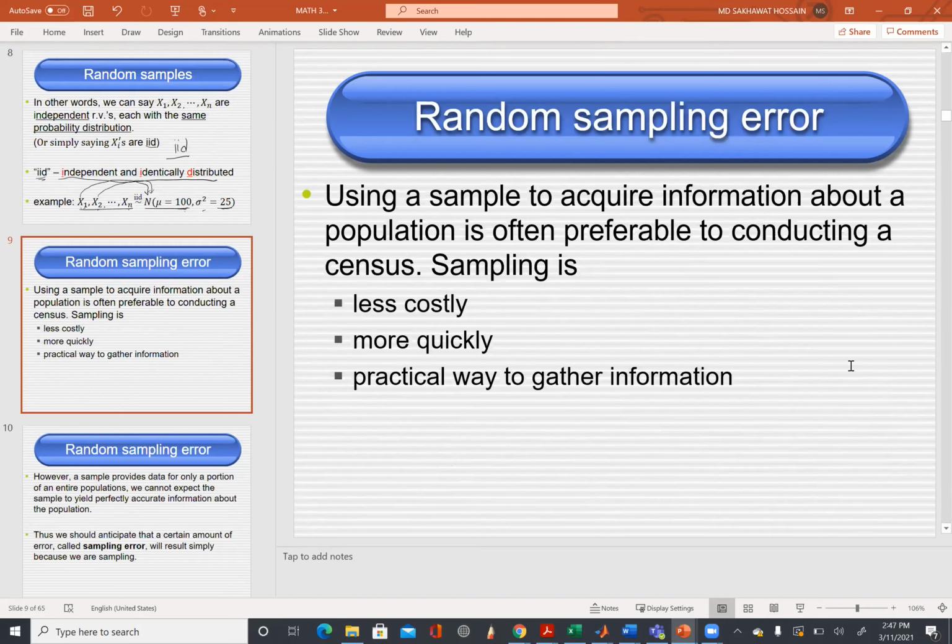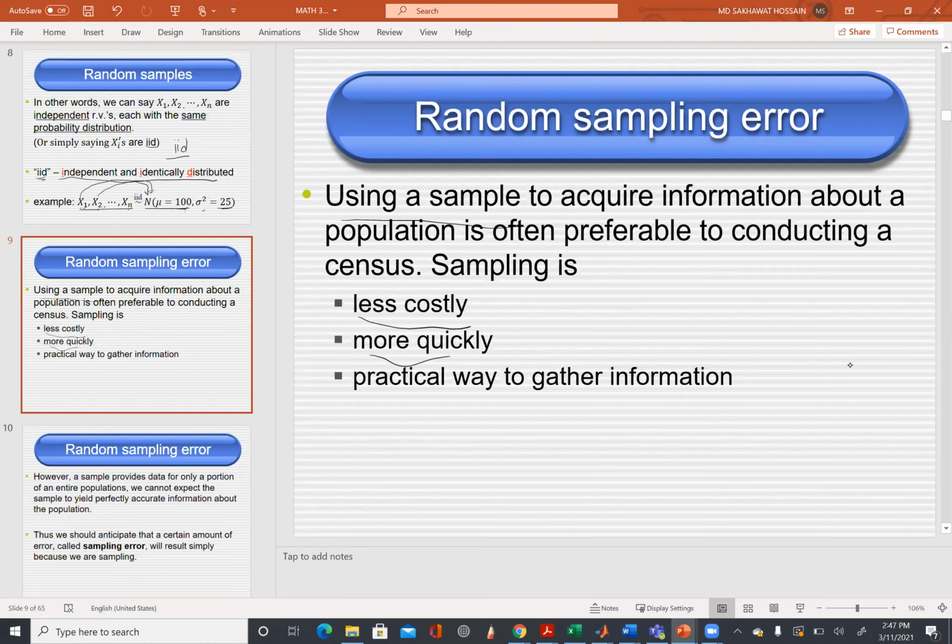So why do we use a sample? A sample is less costly and quicker, and sometimes it is quite impossible to know the population. So in this case, we collect a sample and make inference about the population. Sampling is the practical way of gathering information.